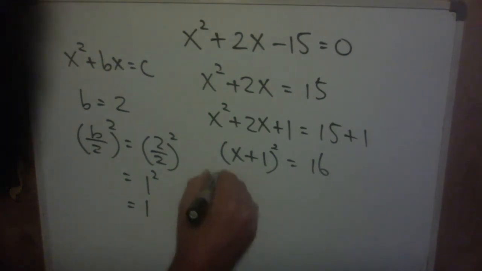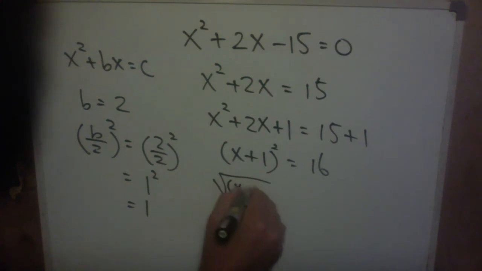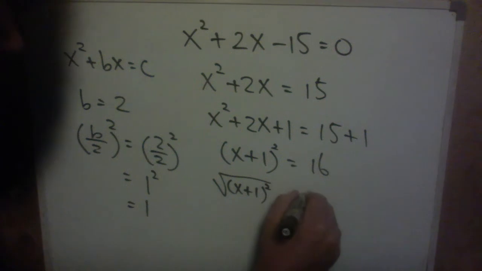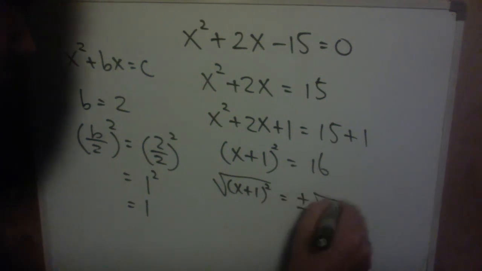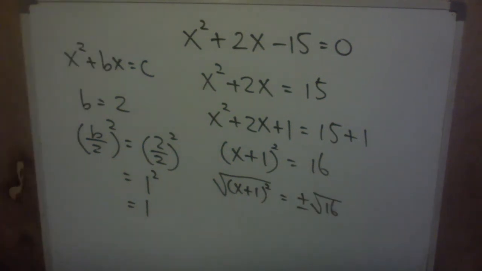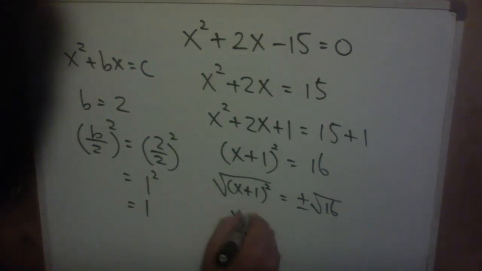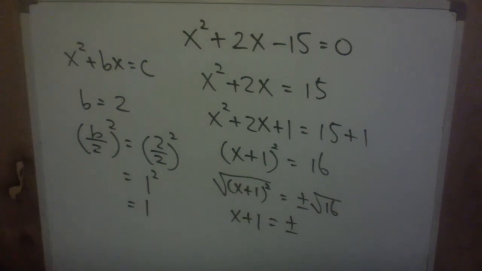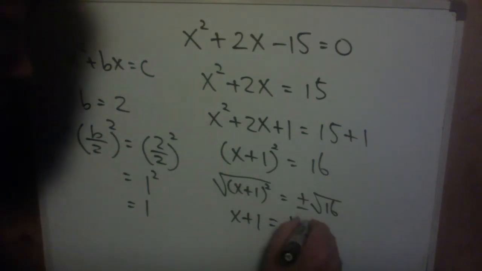Now to solve for x, let's take the square root of both sides. We have the square root of quantity x plus 1 quantity squared equals positive and negative square root of 16. The left-hand side is just x plus 1, equal to positive and negative, square root of 16 is 4.